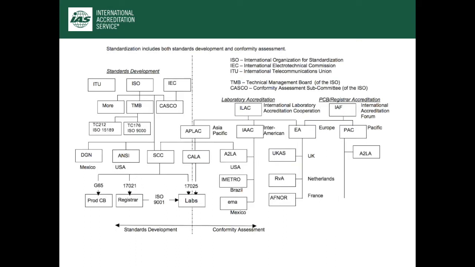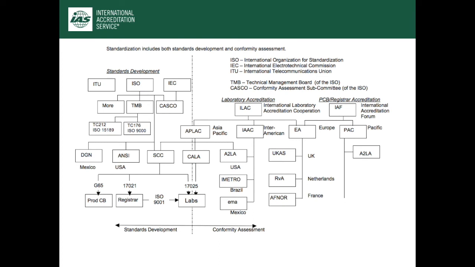In the world of standardization, which includes both standards development, that's the left of the dotted line, and conformity assessment, which is to the right of the dotted line, many national and international bodies participate in either or both of these subfields. For the technical standards developed within CASCO, whose members are drawn from all nations, the bodies that write rules on how they are to be implemented are the Technical Regional Conformity Assessment Cooperations, who are members of the International Laboratory Accreditation Cooperation, ILAC.